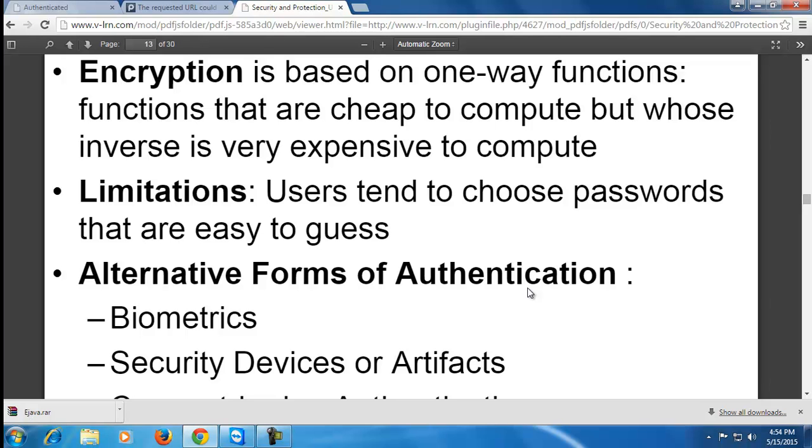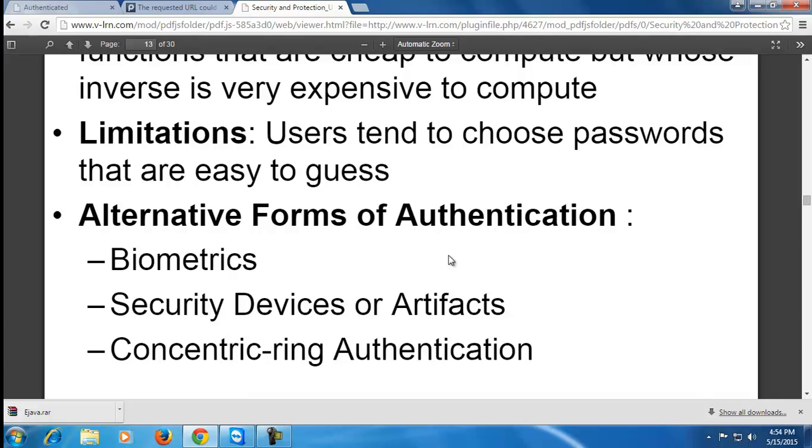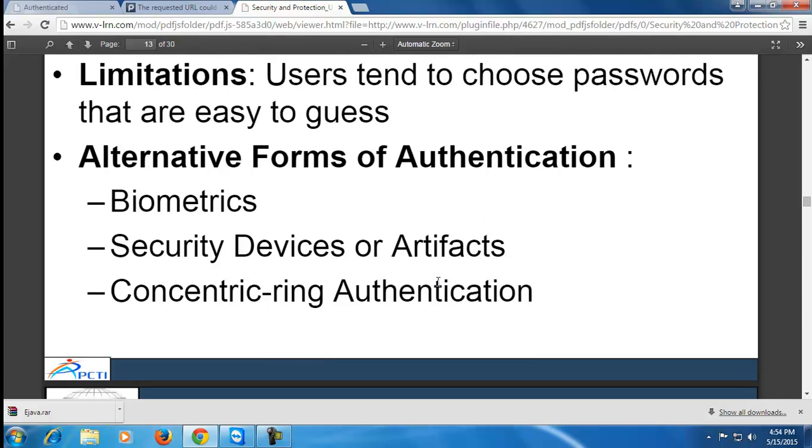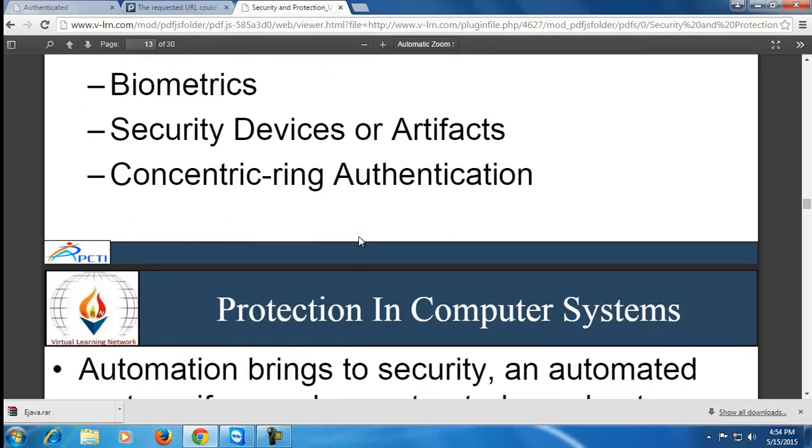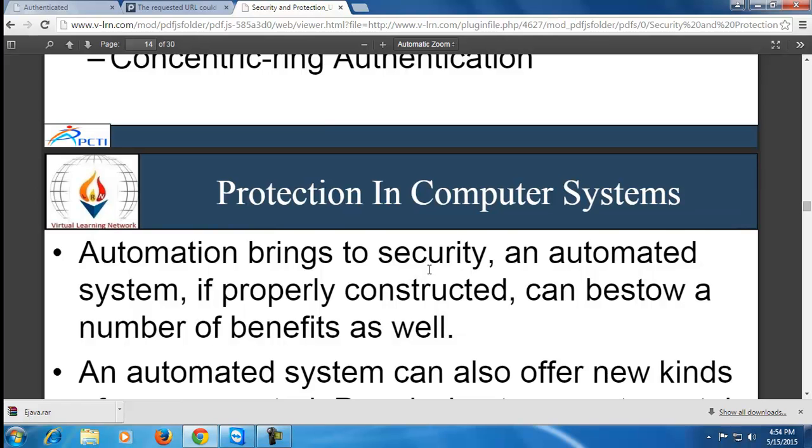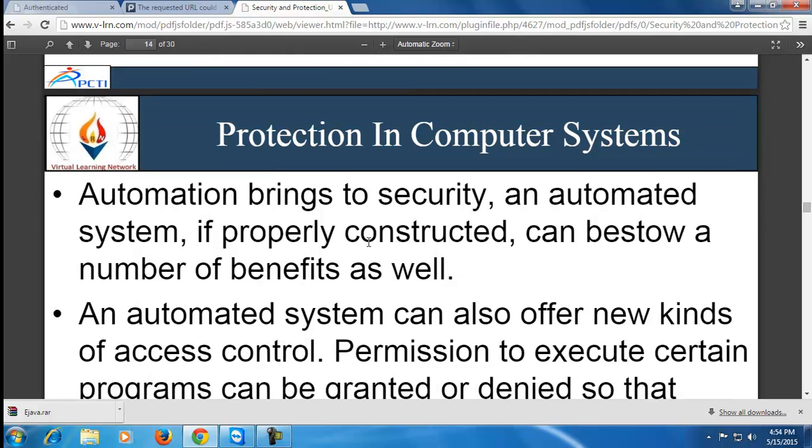Alternative forms of authentication are biometrics, security devices or artifacts, concentric ring authentication. These are all used for authentication, as well as protection in computer systems. Automation brings to security an automated system, if properly constructed, can bestow a number of benefits as well.